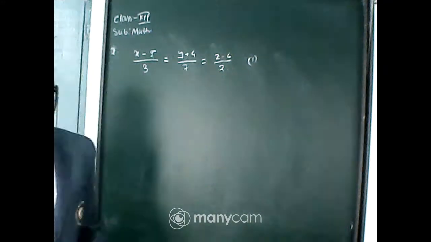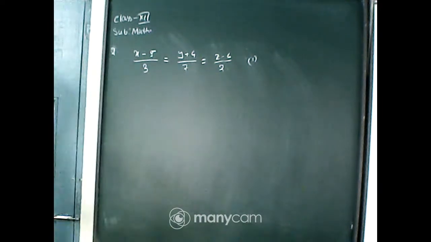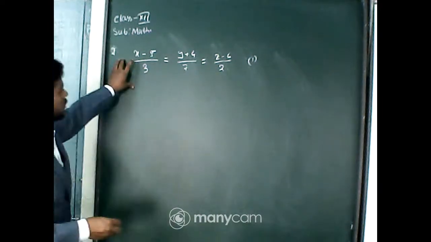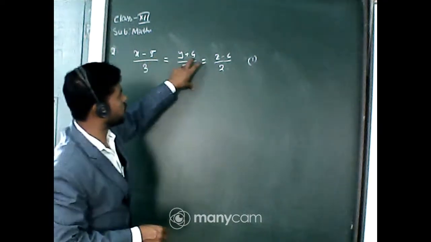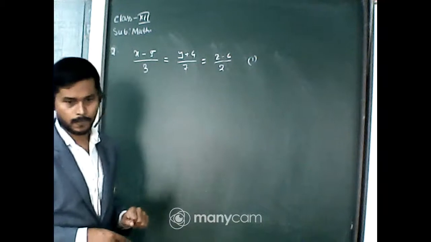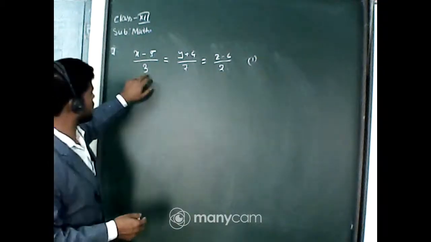Now from this equation we can say that this line is passing through the point (5, -4, 6), and the direction ratios of the line are 3, 7, 2.